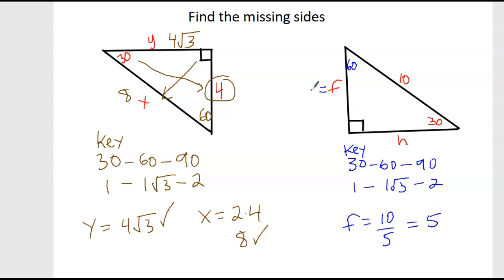So f is 5. And now after we find our f, we need our h, which corresponds to the 60. So our h is just going to be the side of the 30 times root 3, so it's going to be 5 root 3 as an answer. So here is just going to be 5 square root of 3.